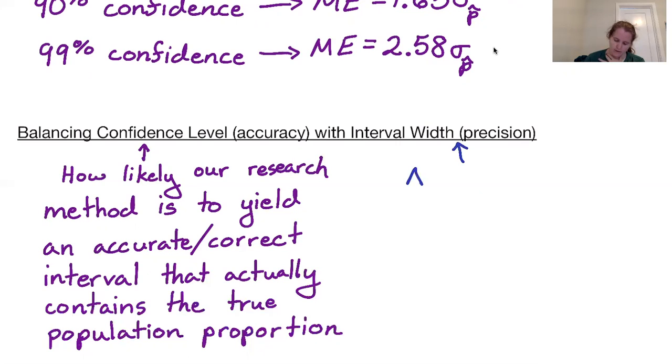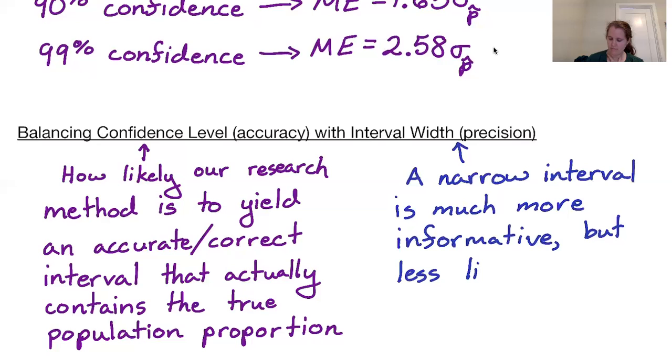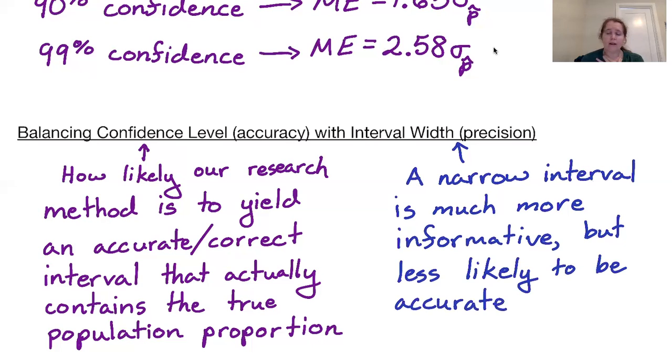So a narrow interval is much more informative but less likely to be accurate. We're not giving ourselves as much room for error if we have a narrow interval.